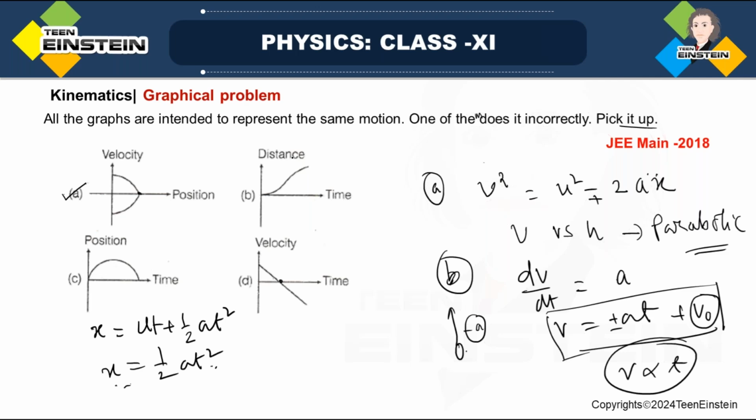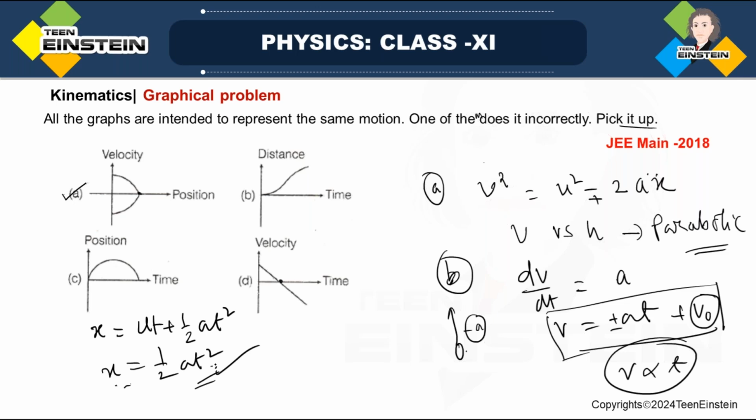Now the remaining one is B. B is actually a distance time curve. In the distance time curve, it should be parabolic.